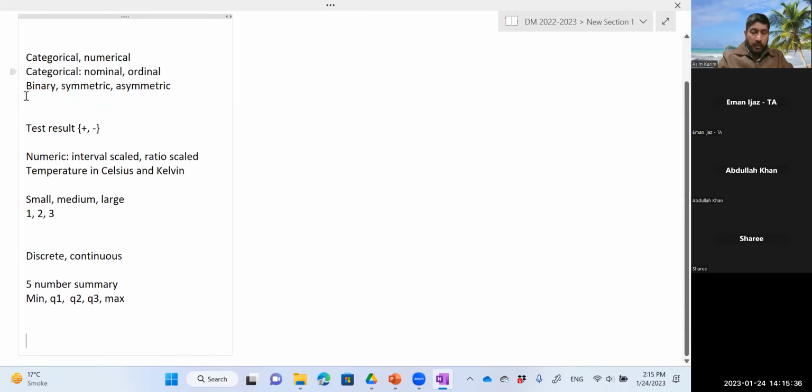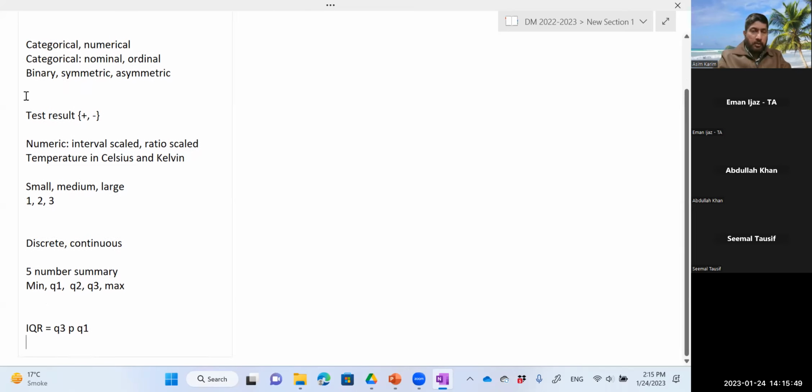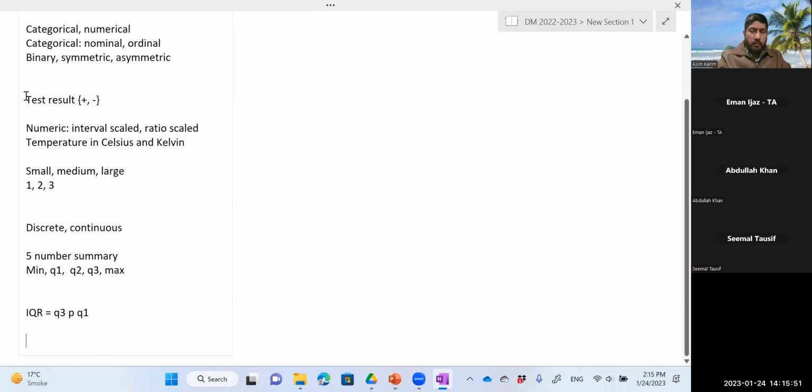And as I mentioned last time, IQR is basically Q3 minus Q1. Okay. So the interquartile range would give you an idea of the spread. And I think last time I mentioned 3 times IQR as a thumb rule for outliers. I think it is 1.5. So basically median plus 1.5 into IQR.